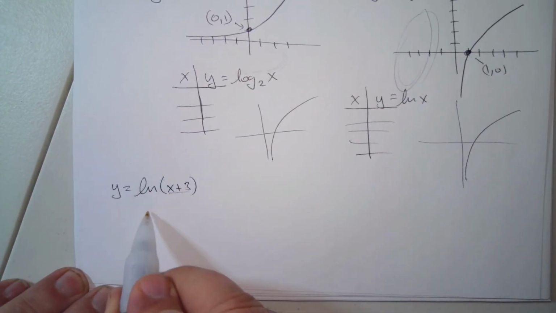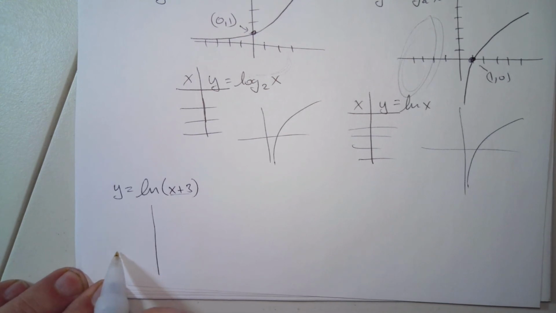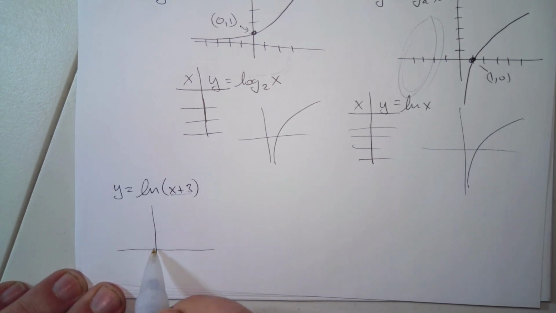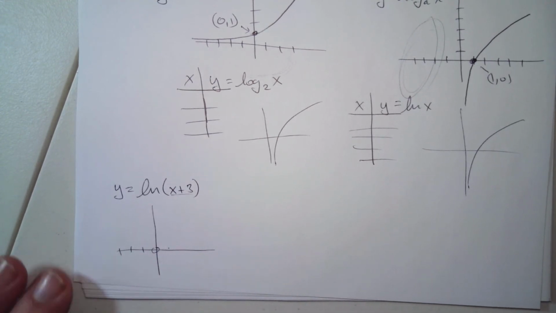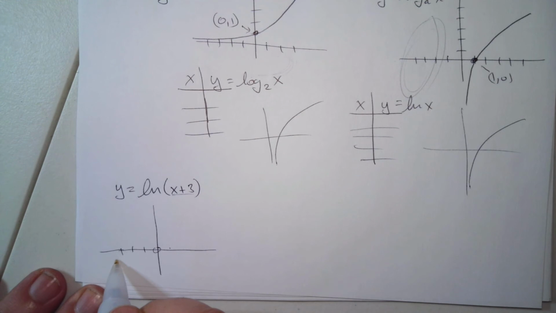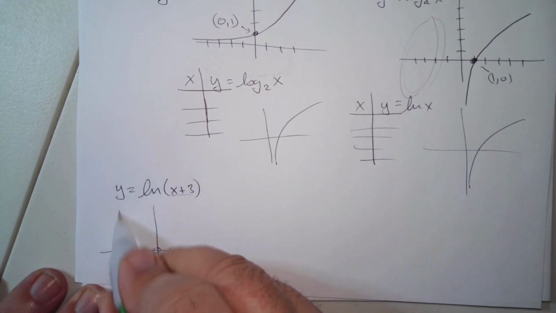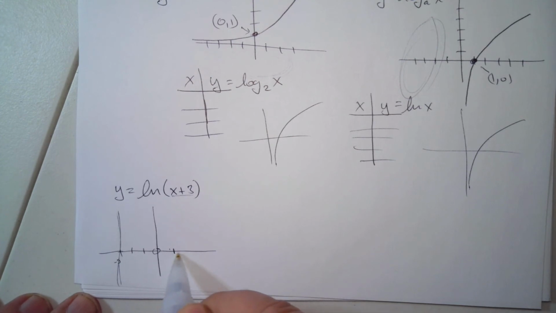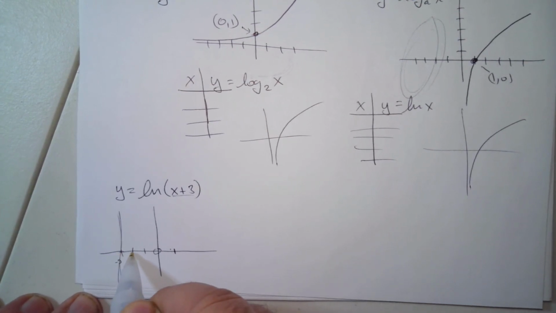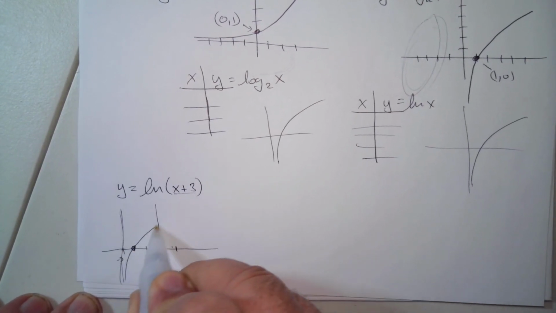A horizontal shift. The origin shifts from here back 3 spaces. So we have the new origin there. The x-intercept used to be at 1. Now it's 1 to the right here.